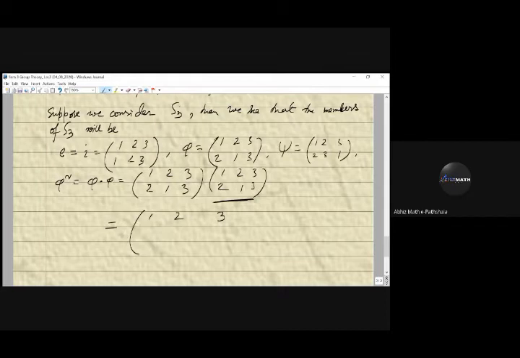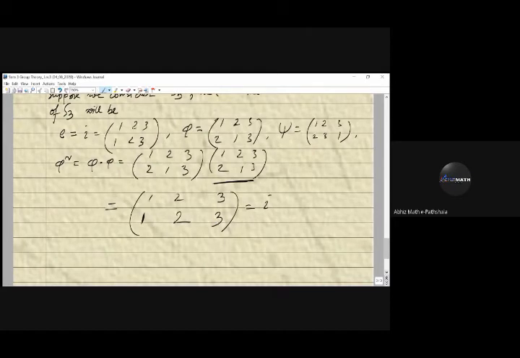So 1 goes to 2, then 2 goes to 1, so 1 goes to 1, then 2 goes to 1, 1 goes to 2, and 3 goes to 3. So it is identity. So if you compose phi with phi, it results to identity.